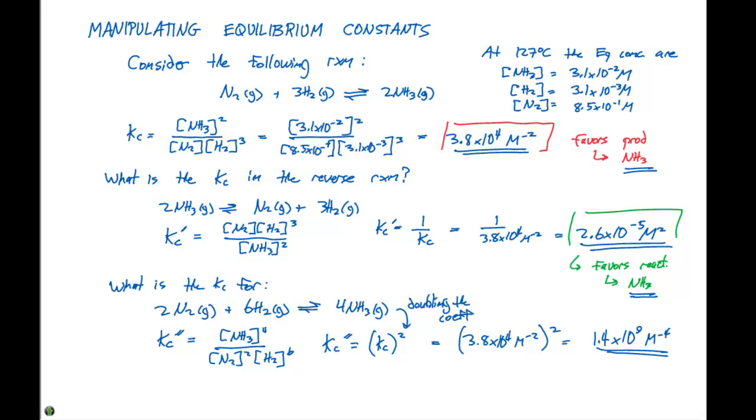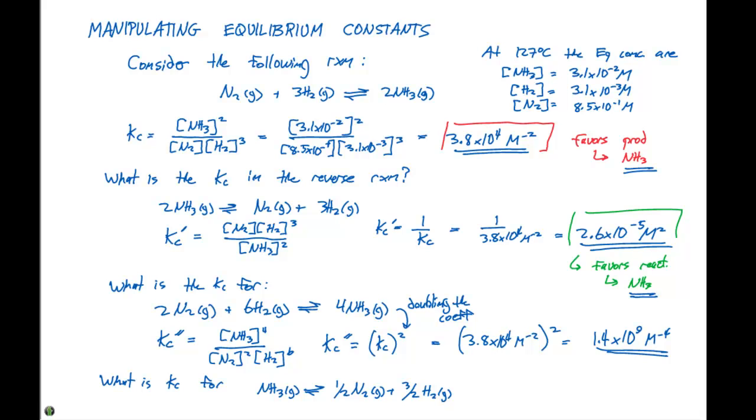Lastly, we can manipulate the equations kind of however we would like. So what is Kc for this reaction? We have NH3 gas in equilibrium with 1/2 N2 gas plus 3/2 H2 gas.